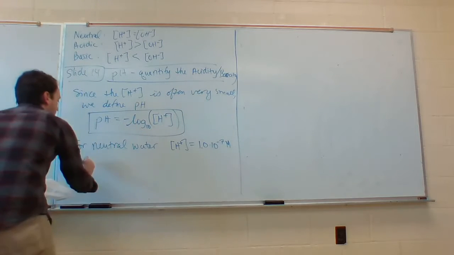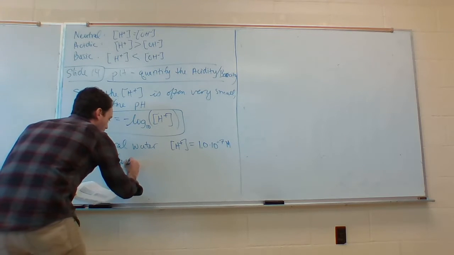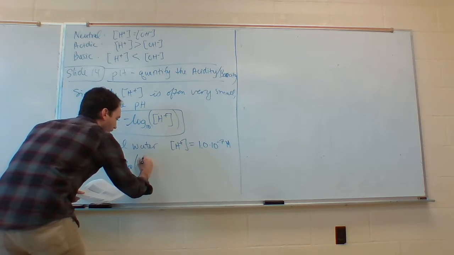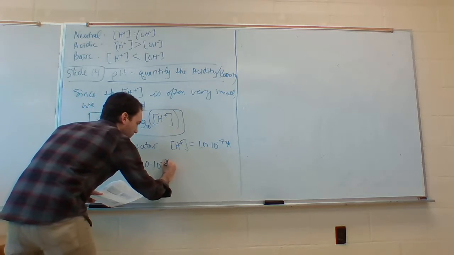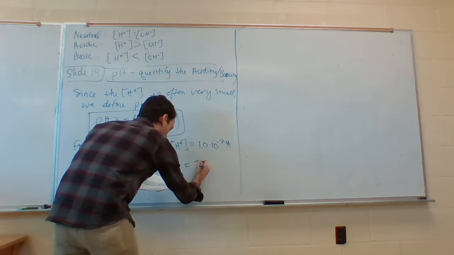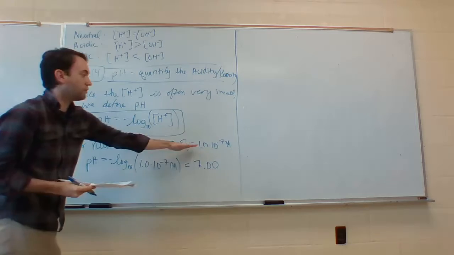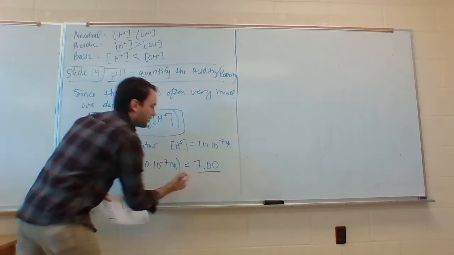So if I wanted to calculate my pH of neutral water, it's going to equal negative log base 10 of 1.0 times 10 to the negative 7th molar, which is going to equal 7.00. Okay, so my pH of neutral water happens to be 7.